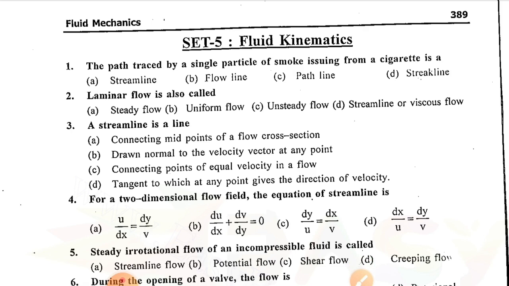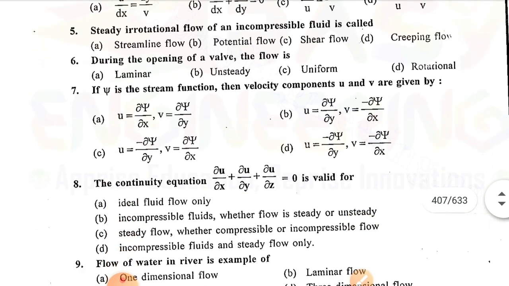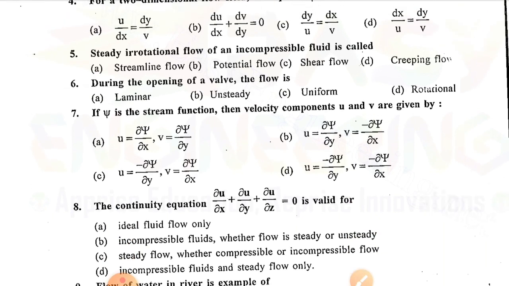Option D is correct. dx by u equal to dy by v. Question number 5. Steady irrotational flow of an incompressible fluid is called. Option B is correct. Potential flow.